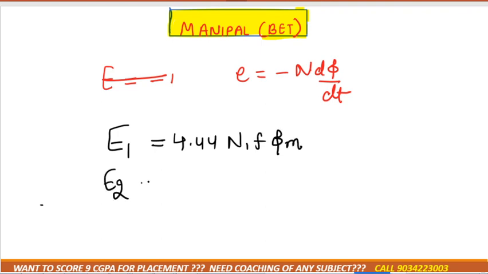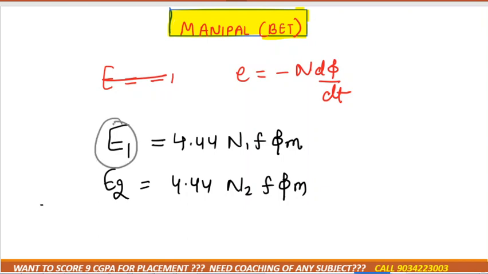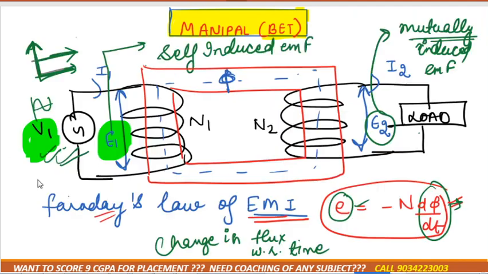For E2 it will be 4.44 N2 f φm, where E1 is the self-induced EMF, N1 is the number of turns on the primary side, f is the frequency and φm is the maximum flux. So the voltage induced in the primary depends on the number of turns N1, and the one in the secondary depends on the number of turns N2, right?